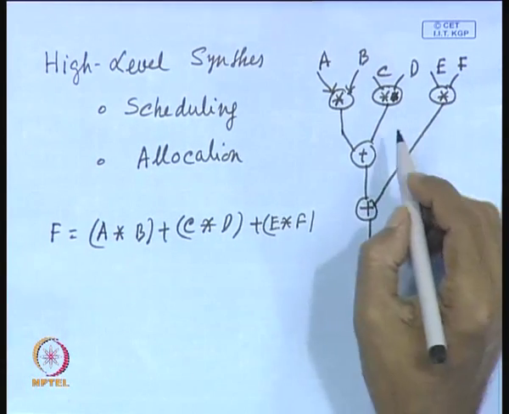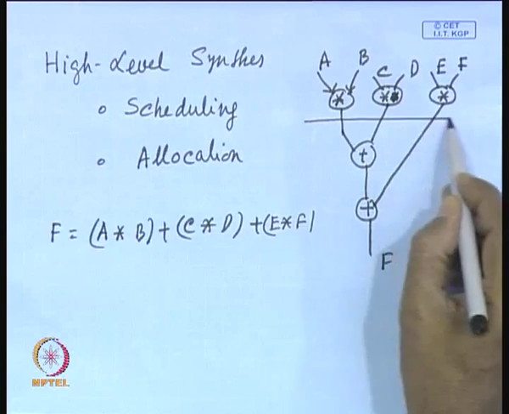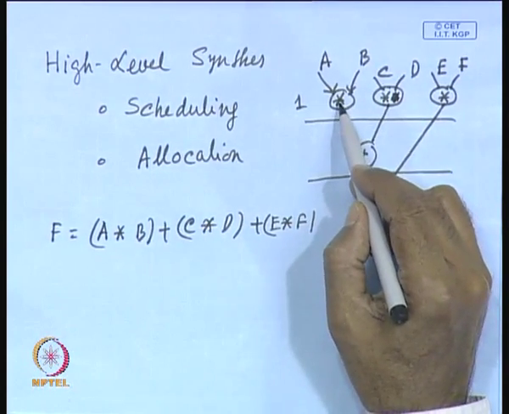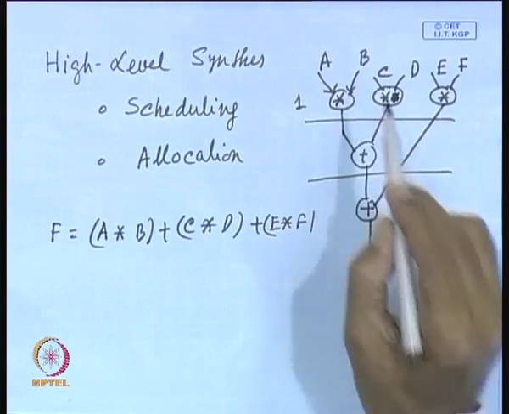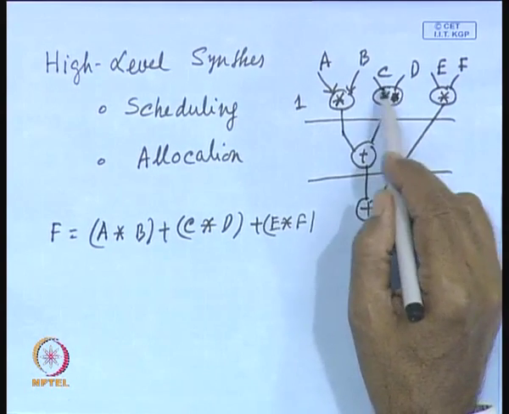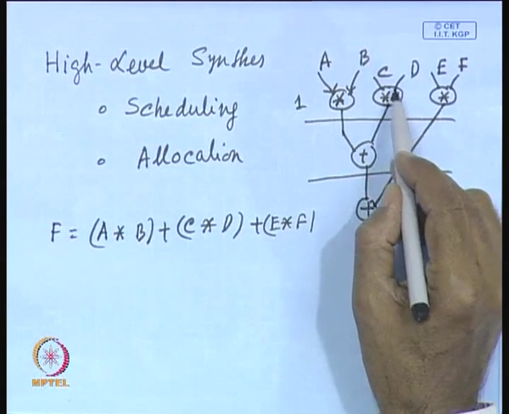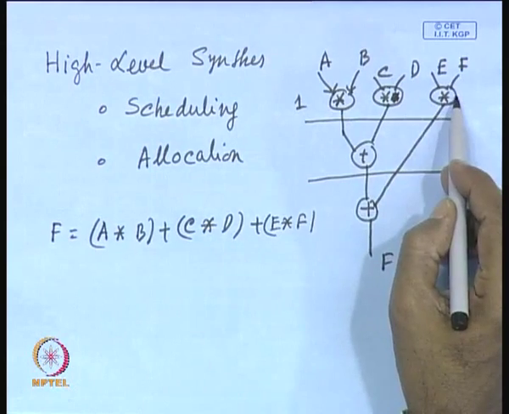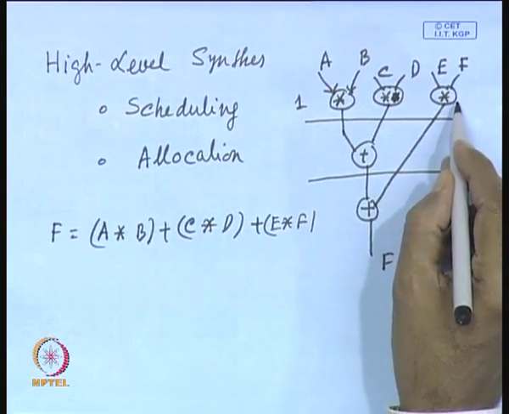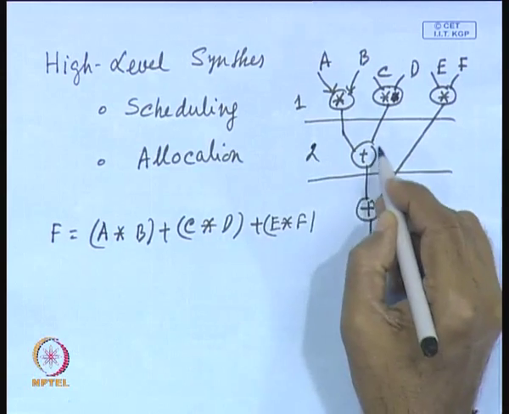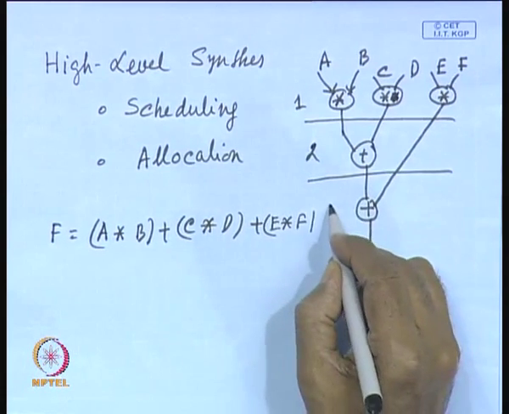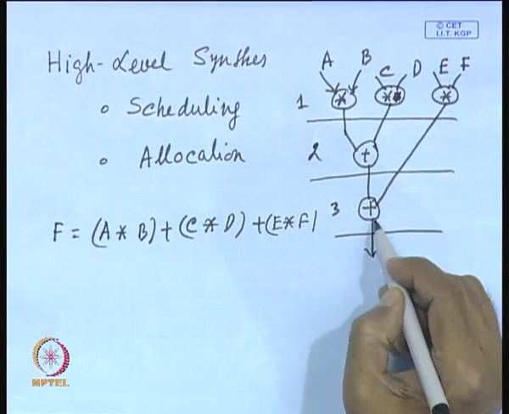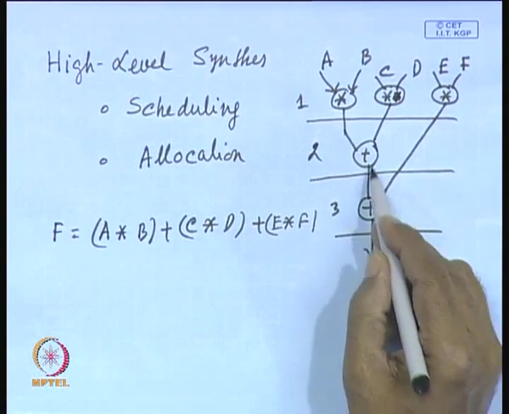Now, in time step 1, you can schedule multiplication of A and B, and also the multiplication of C and D and of E and F. So, all three are scheduled in time step 1, and in time step 2 we will do this addition, and this will be followed by another time step where we will do the third addition, I mean the second addition.